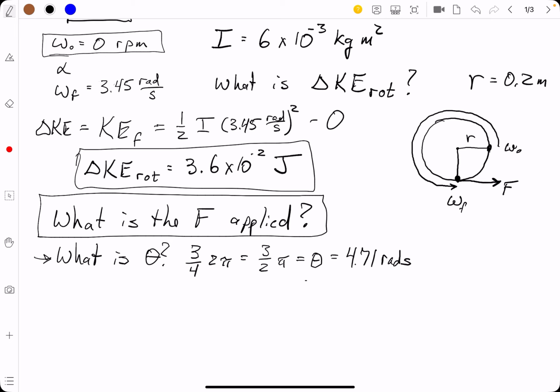So, cool thing happened along the way to the bank. We have work net is equal to R times F net times theta. Oh boy, where did I get that from? Well, I got that from up above.